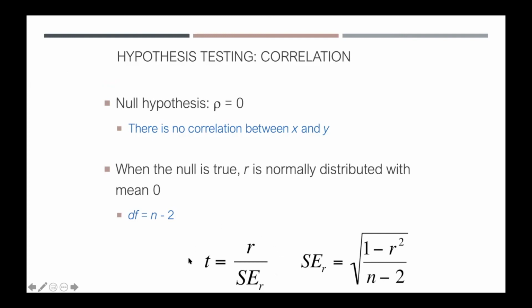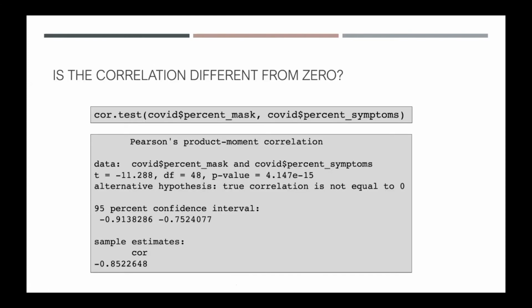We can then calculate a test statistic for our correlation coefficient equal to the correlation coefficient divided by the standard error of the correlation coefficient, which is equal to the square root of 1 minus r squared divided by n minus 2.